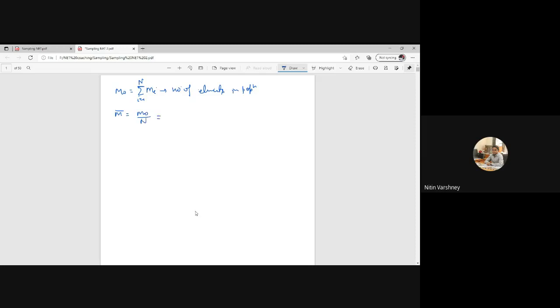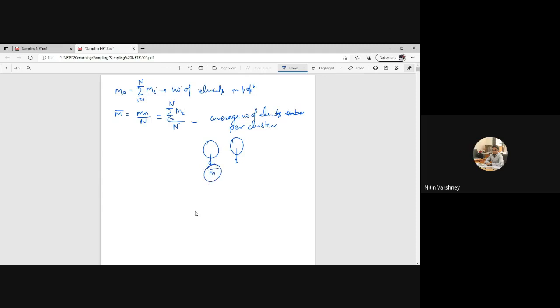So I can write m0 upon N, or summation i equal to 1 to N mi upon N. So this is the average number of elements per cluster. That is m bar.